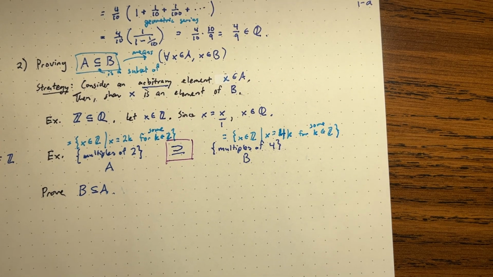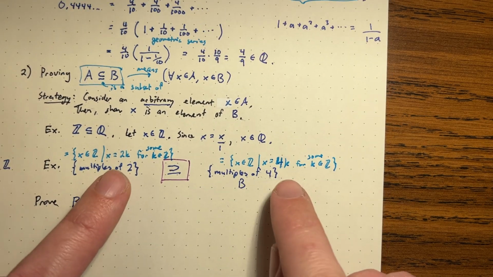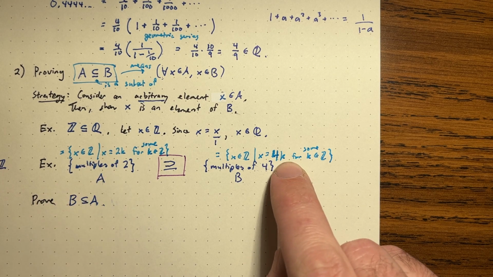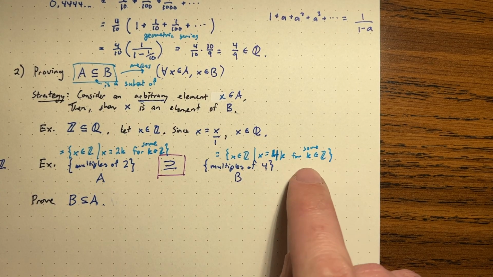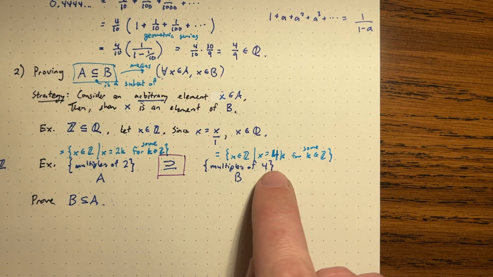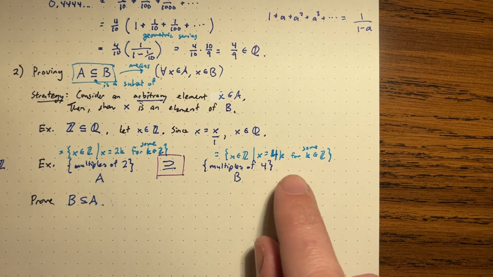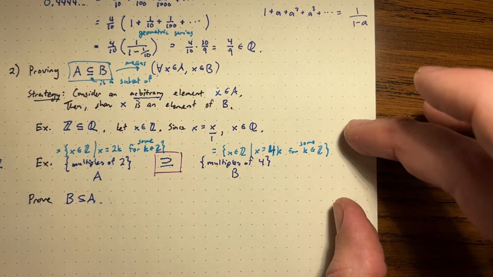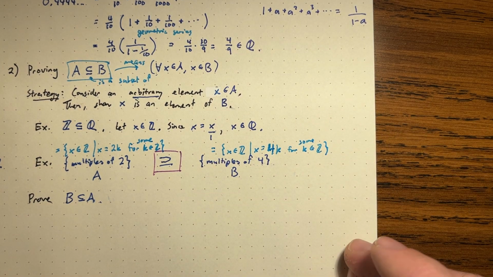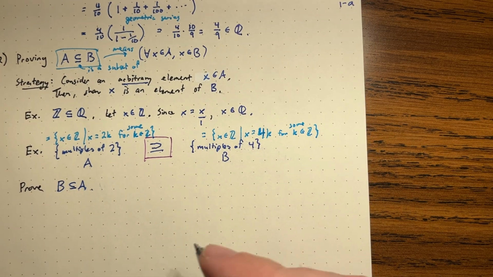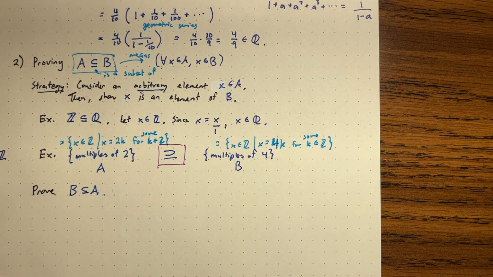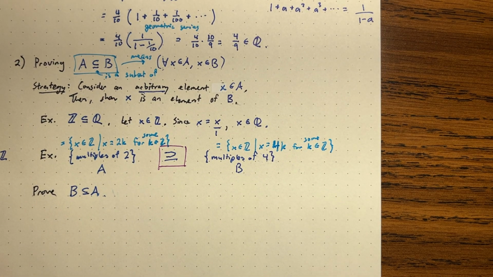Great. By the way, this is not necessarily the same k as that. This k is restricted to this definition here. Outside of this definition, the k is not locked to the value that it took on here. Okay, so prove B is contained in A.